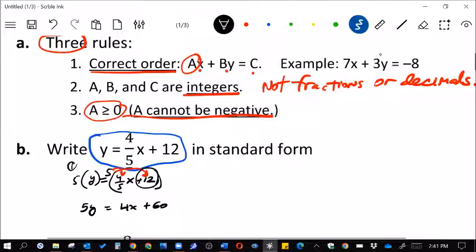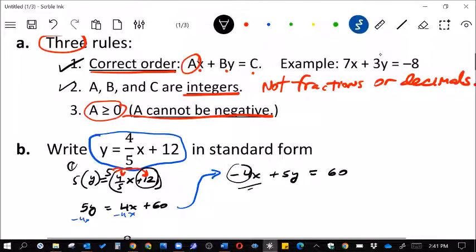Now that I have that, I have done the first thing, where they are all integers. Now I need to move the 4x over to the other side so that I can put it in front and have the correct order. That takes care of the correct order part. However, the a is negative.